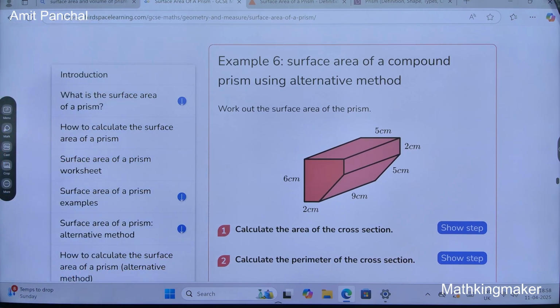Try this one also. Just check, is compound prism also available in your syllabus? It just says surface area of prism.